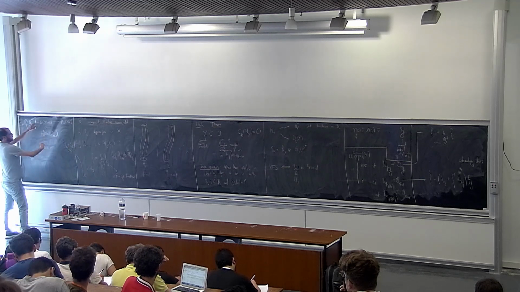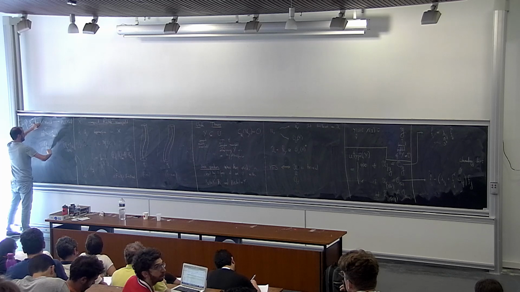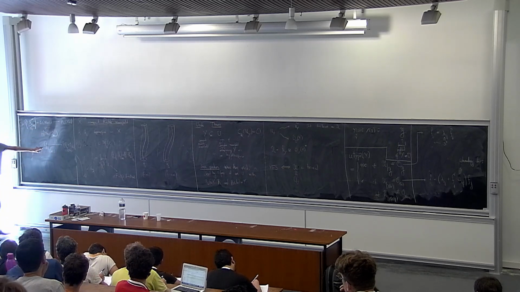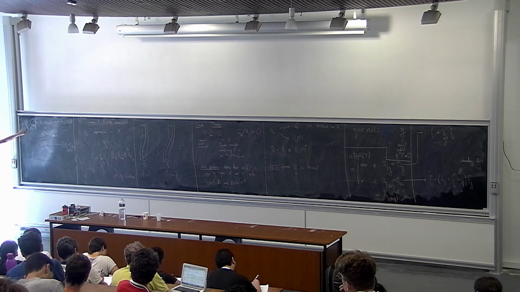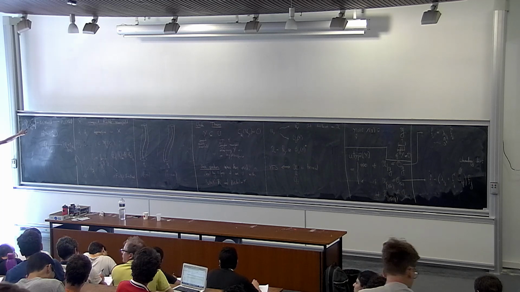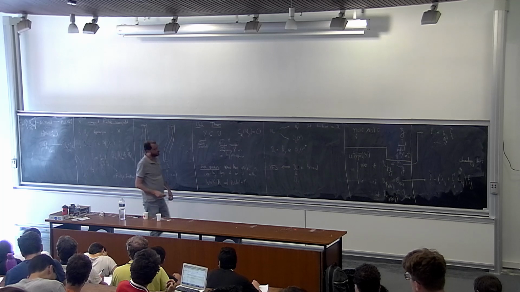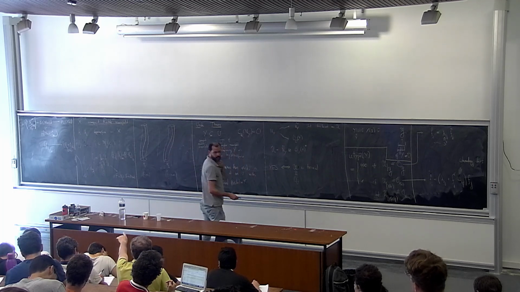So I have this guy being mapped to the trivial line bundle. And so what we get here is a cohomology class, and this cohomology class is exactly the uij.